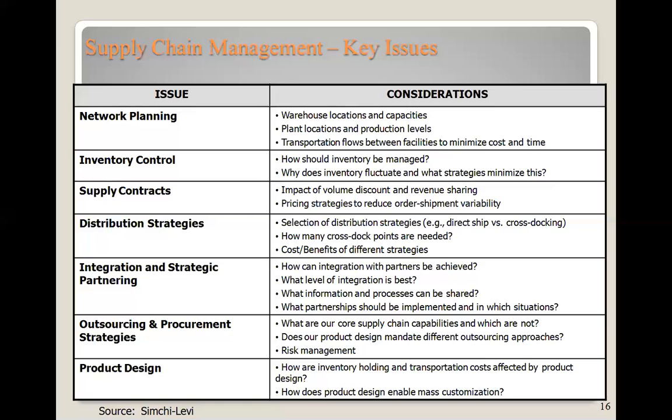Supply contract, impact of volume discount, revenue share, distribution strategy, selection of distribution strategy, integration and strategic partnering. How is integration with partners achieved? What level of integration is best? Outsourcing and procurement strategy: what are our core supply chain capabilities? Product design: how are inventory holding and transportation costs affected by product design?